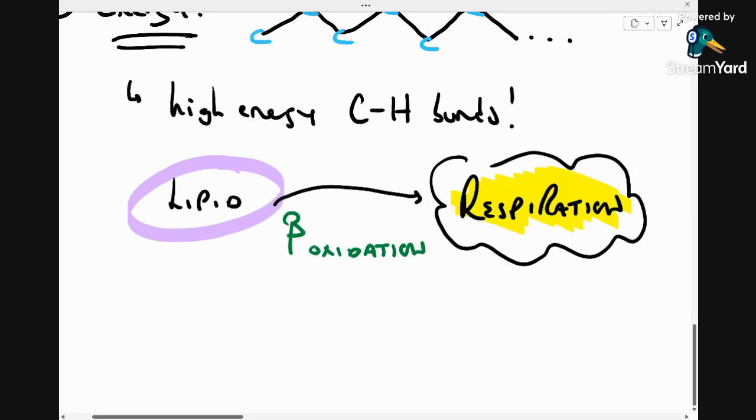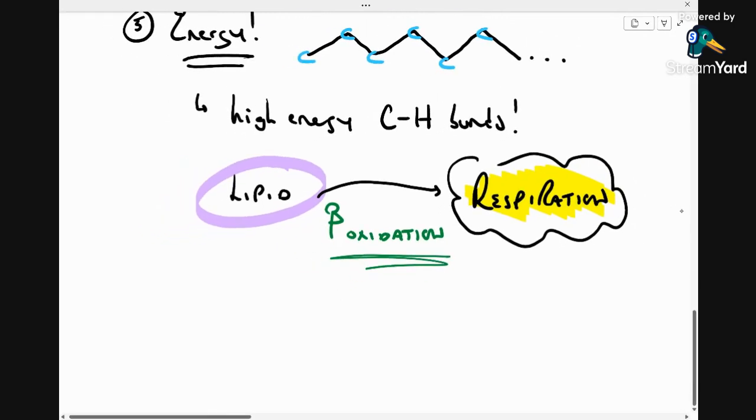I'm not going to go into any more detail than that. You really don't need to worry too much about it. But if you're interested, feel free to look it up. Essentially, it allows lipids to act as a substrate for respiration. Of course, we can also have thermal insulation for fat.